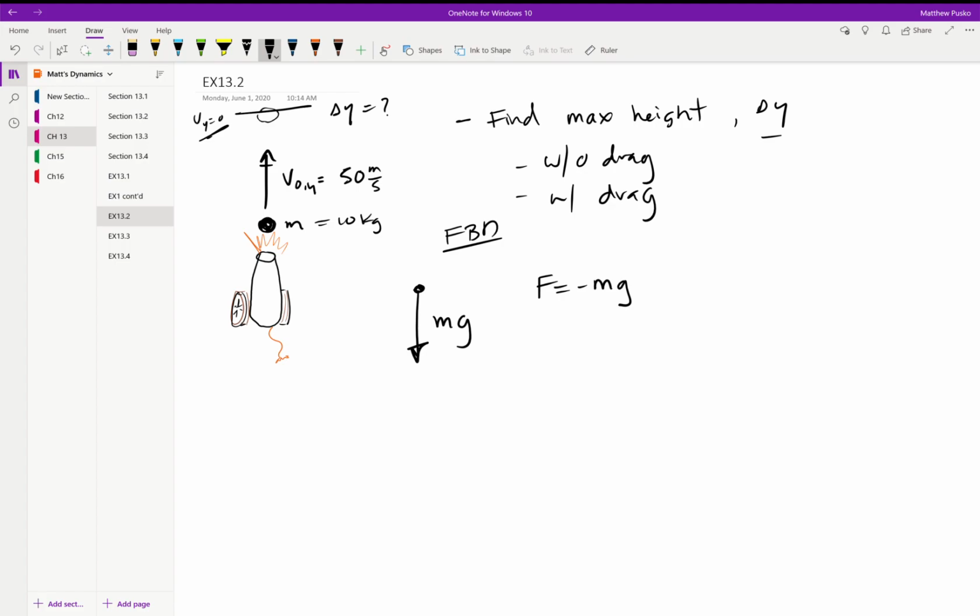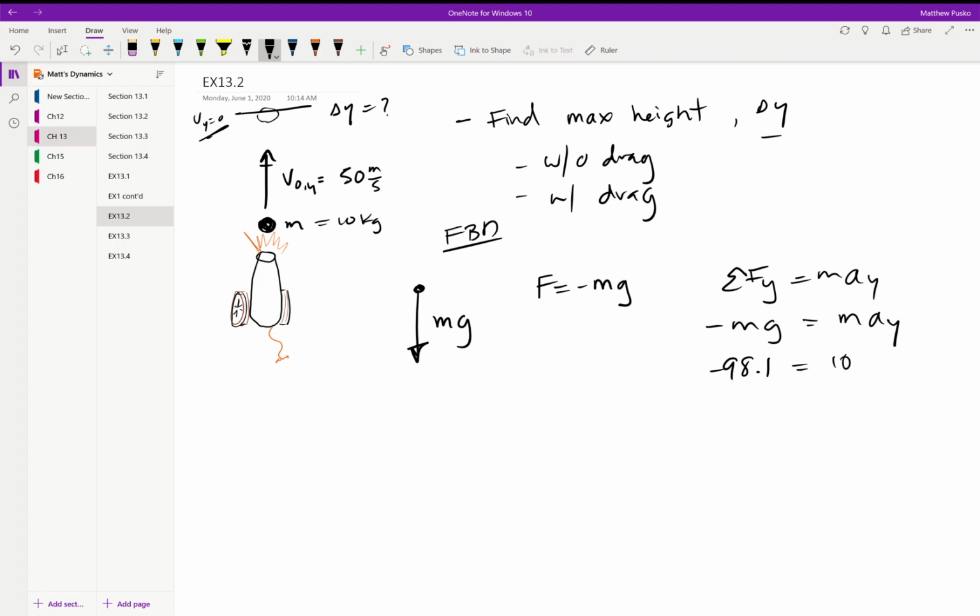When we sum, if we wanted to, we could sum the forces in the y direction and say it's equal to mass times acceleration in the y. And we have a minus mg because it's pointed down. It's equal to the mass times the acceleration in the y direction. Mass times gravity, 10 times 9.81, gives us a negative 98.1.